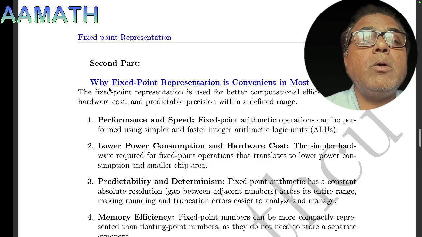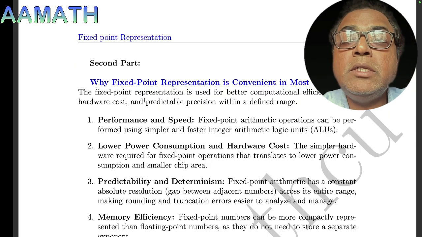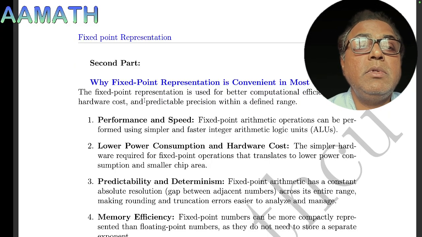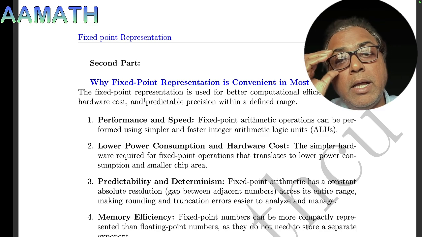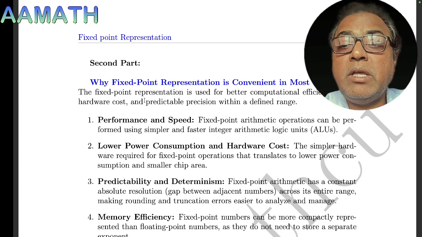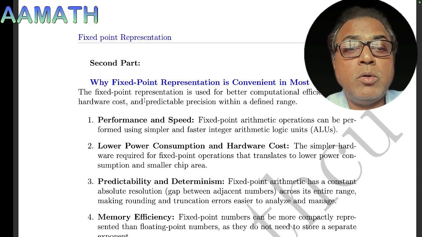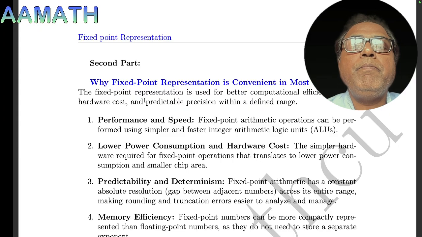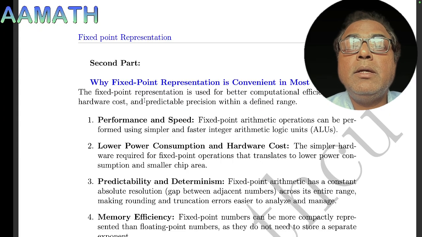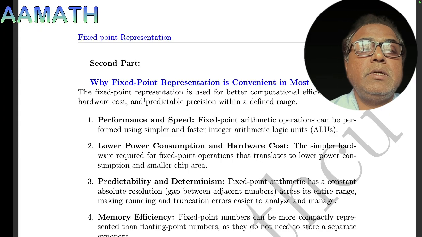Next part, the second part: why fixed point representation is convenient in most cases. The fixed point representation is used for better computational efficiency, lower hardware cost, and predictable precision within a defined range.